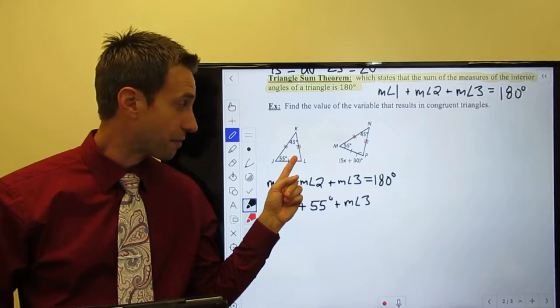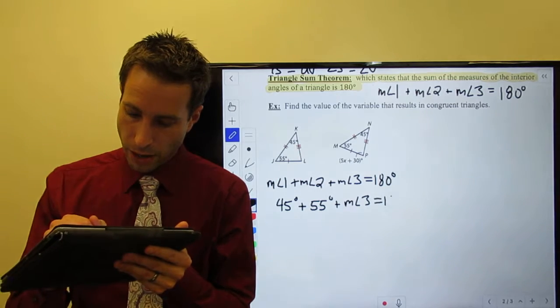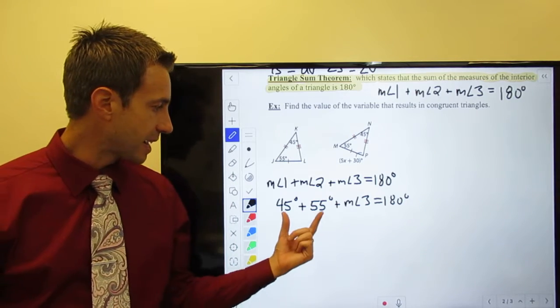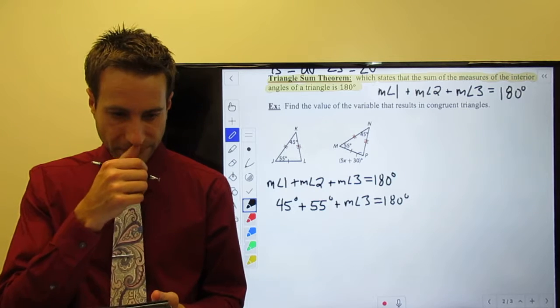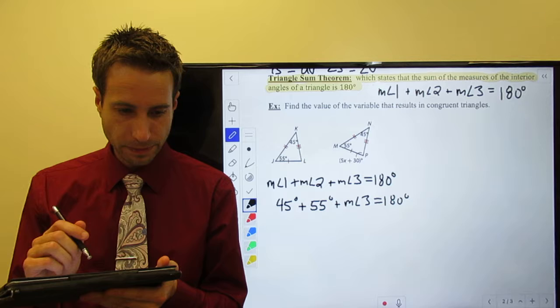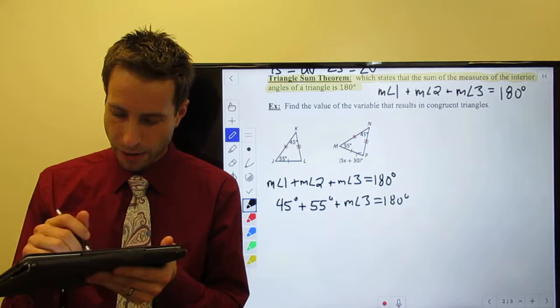That's what I'm trying to find. It's equal to 180 degrees. So we add these together: 45 and 55 should be 100.